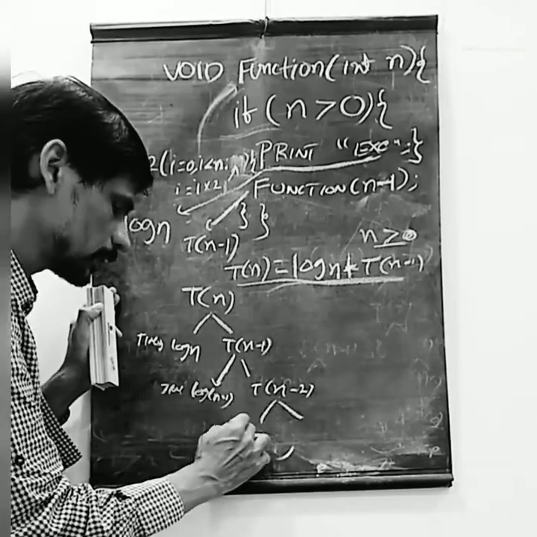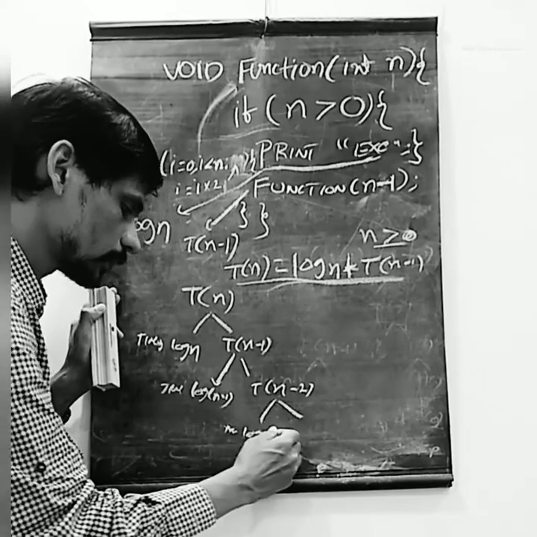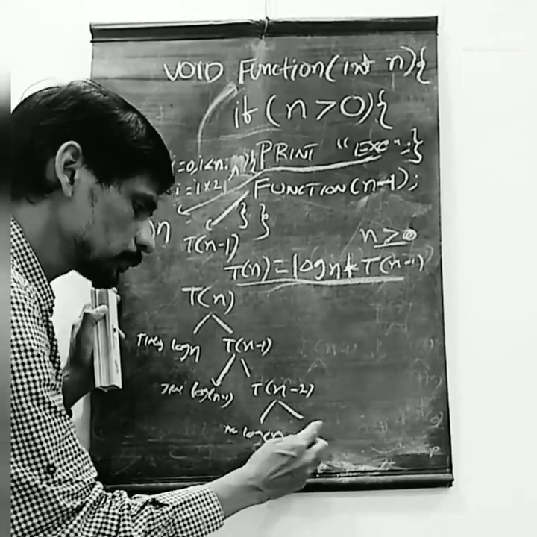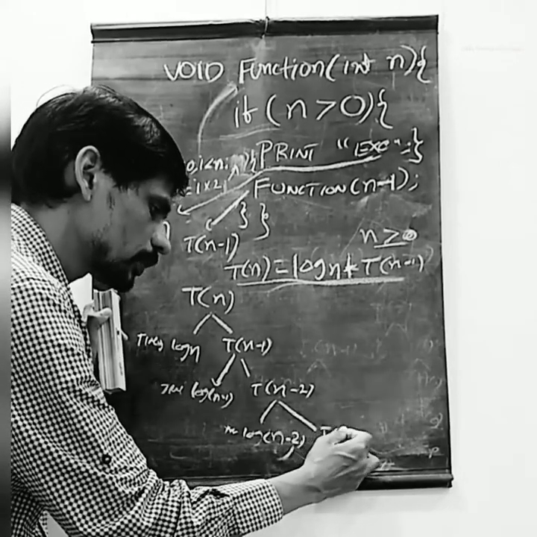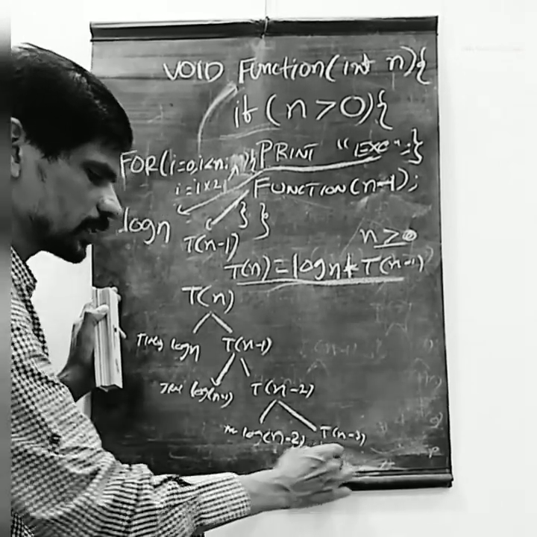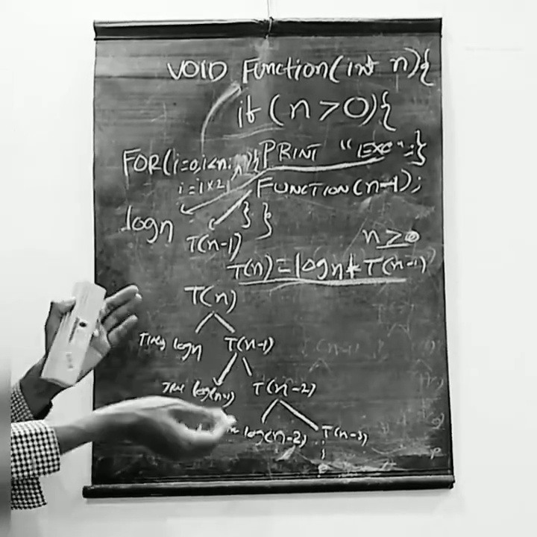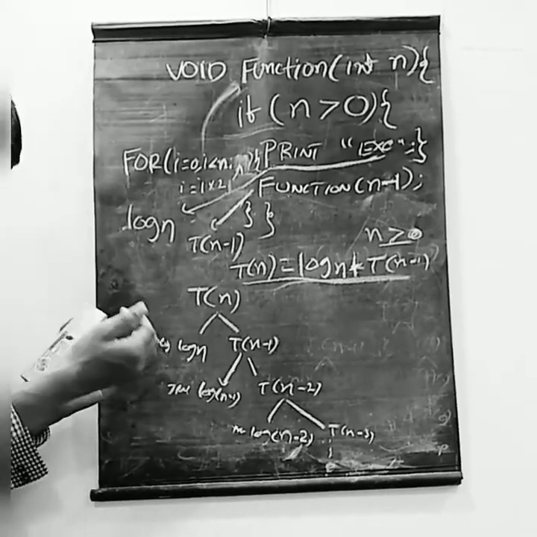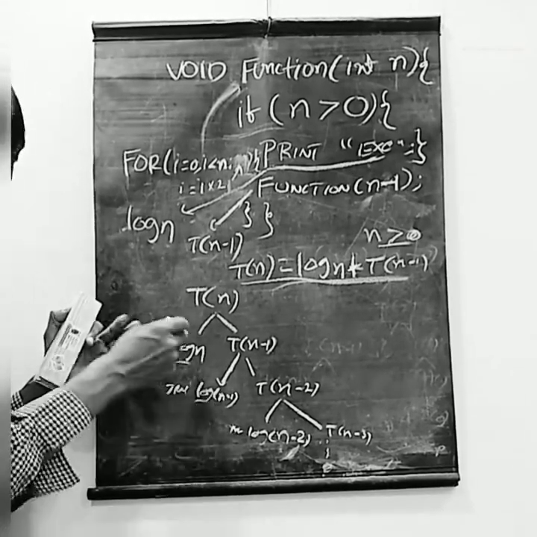And this will happen log n minus 2 times, and T of n minus 3, right? This is the same pattern, but what is the change between the previous case and here? Only we are adding log here. Remaining things are all the same.